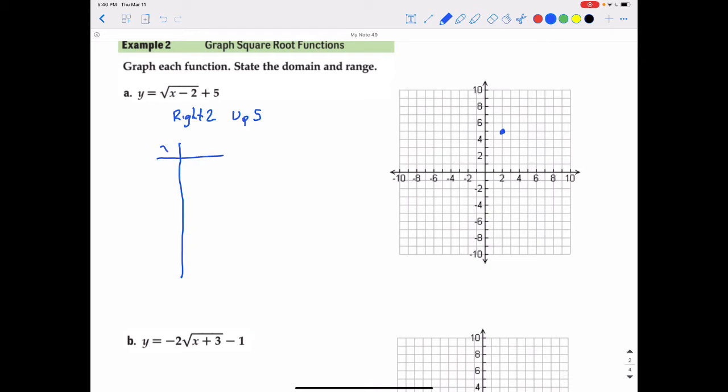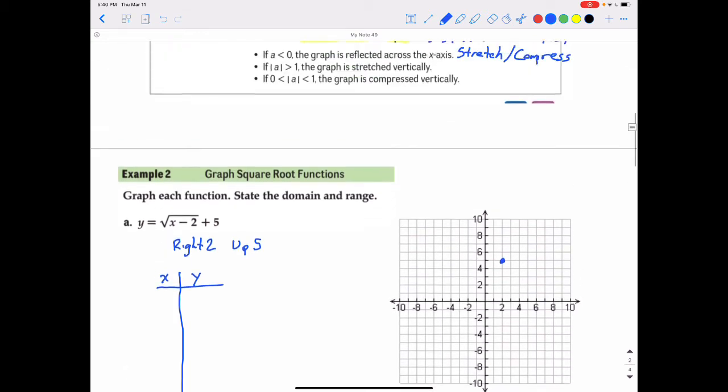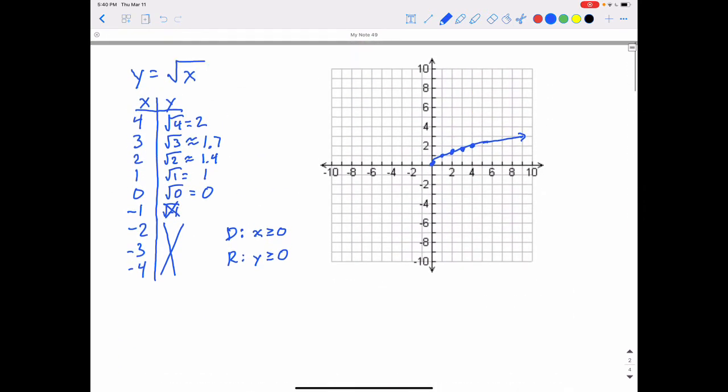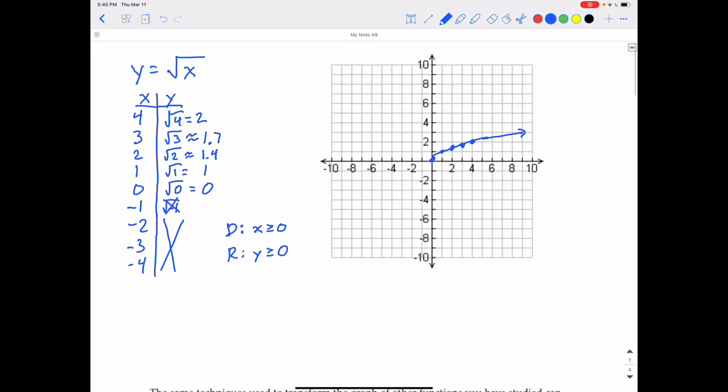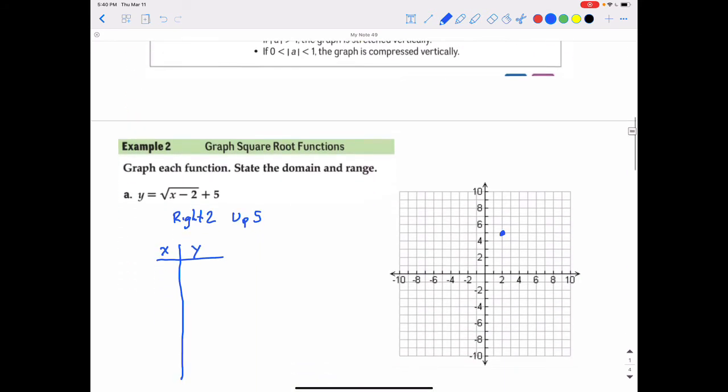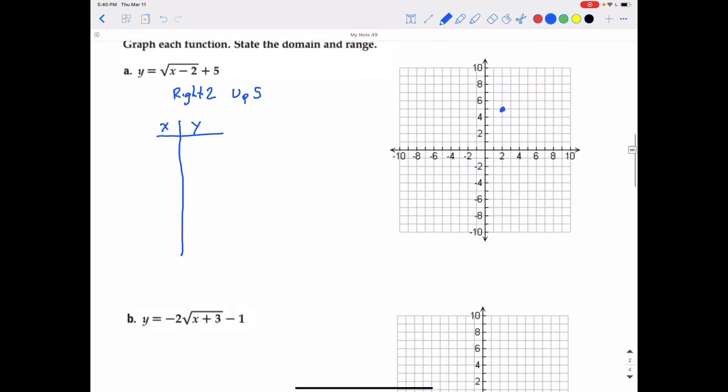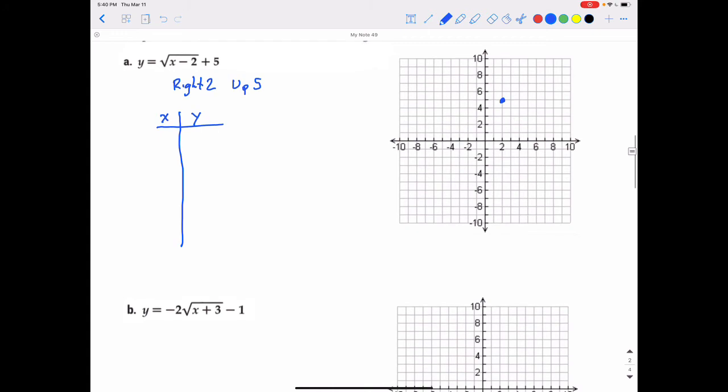and we need to pick numbers for x so we can plug it in to solve for y, but we've got to make sure we pick the right numbers for x, because if I scroll back up here, remember that certain numbers we could not plug in for x. In the parent function's case, we couldn't use negative numbers for x. So we can't use any number that will make what's underneath the square root a negative number, because we won't be able to take the square root of a negative number and graph it on a real number coordinate plane.